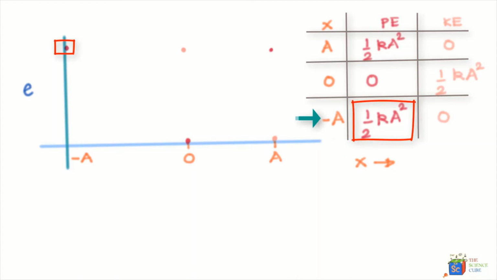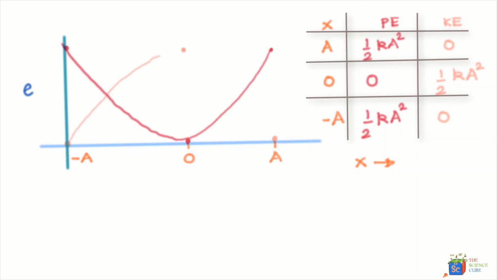So we mark our value. Now we join the points for kinetic energy and potential energy. Then we get the graph like that. This is the graph for our potential energy, shown in dark color, and this is the graph for our kinetic energy, shown in light color.